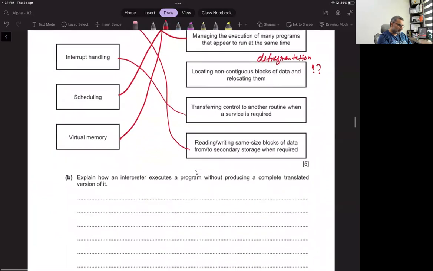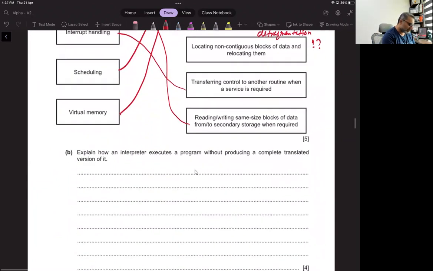Explain how an interpreter executes a program without producing a complete translated version of it.